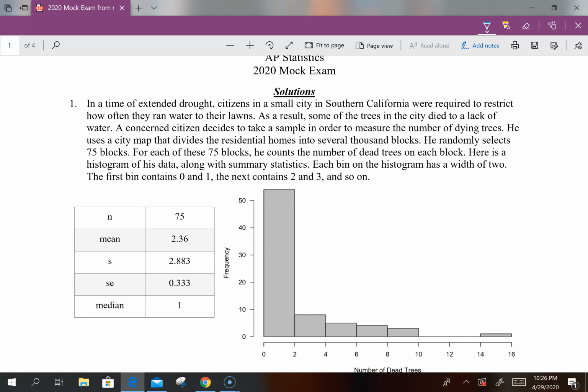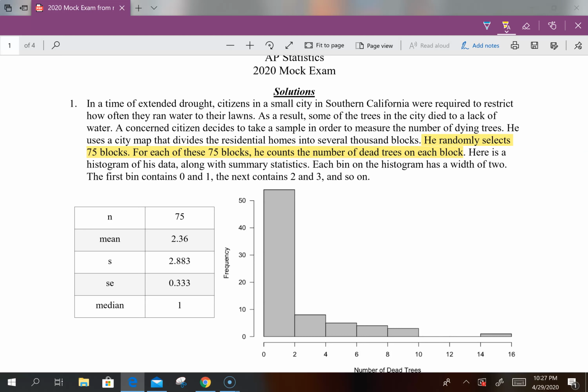So we're here. It said he randomly selects 75 blocks, and for each of those 75 blocks, he counts the number of dead trees on each block. All right, so when you choose by location, that's going to be your cluster sample. So he has picked those, each block counts as a cluster, and out of the several thousand blocks, he picked 75.